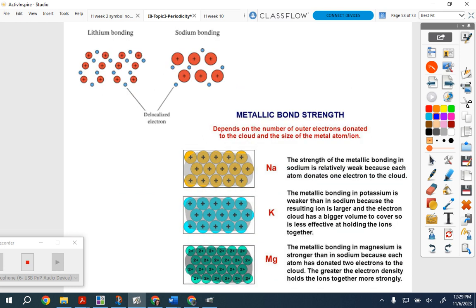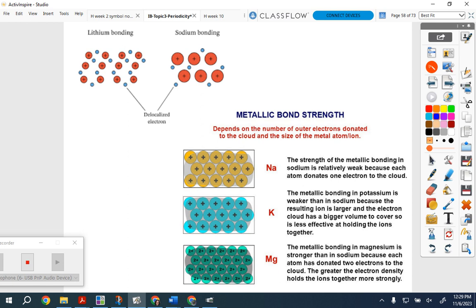So I put this slide in here to talk about the relative strengths of the metallic bonds. So yes, as we go down, the metallic bonding gets weaker because we have larger ions, bigger volume of the electron cloud, just not as effective at holding together. So it takes less energy to melt that.